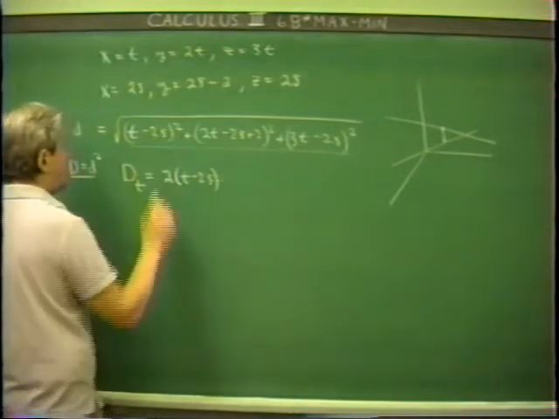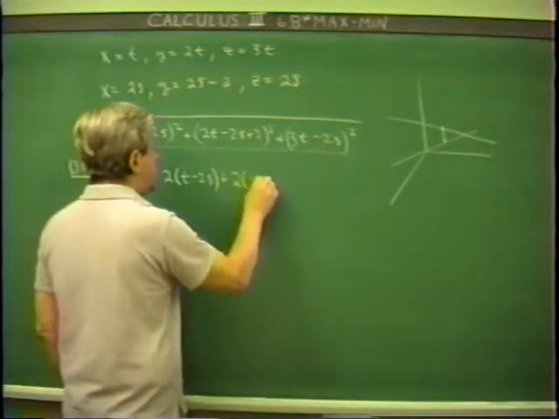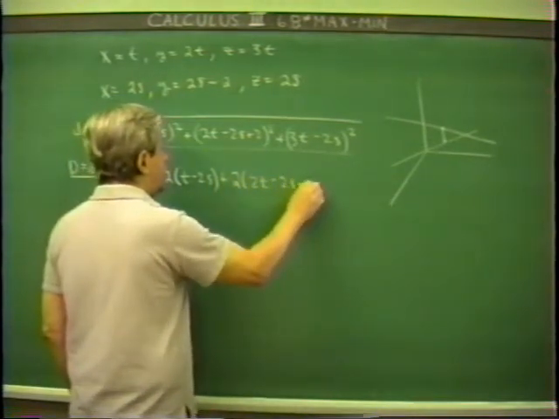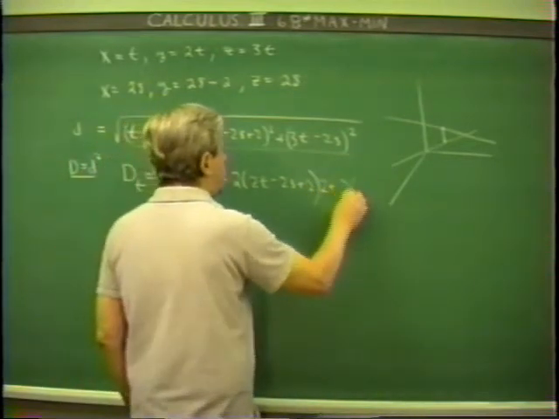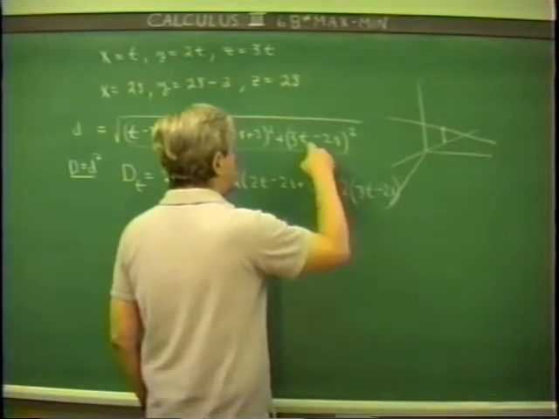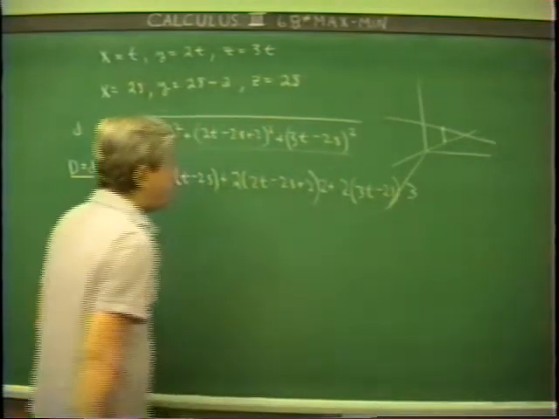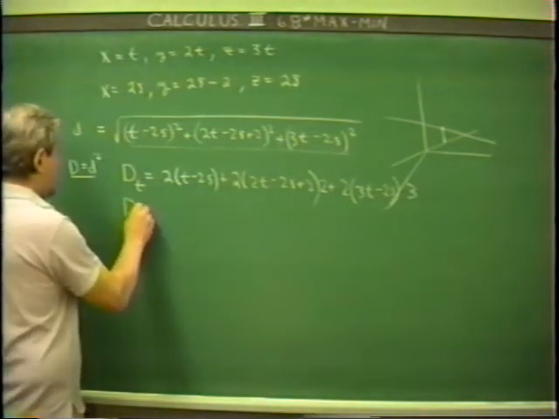It's going to be equal to 2 times t minus 2s to the first times 1, plus 2 times 2t minus 2s plus 2 to the first times 2, plus 2 times 3t minus 2s to the first times 3.